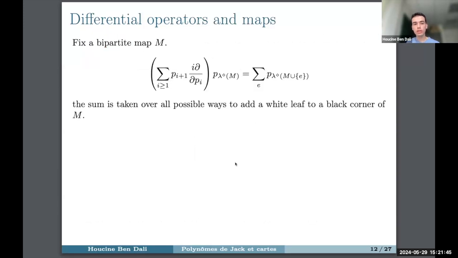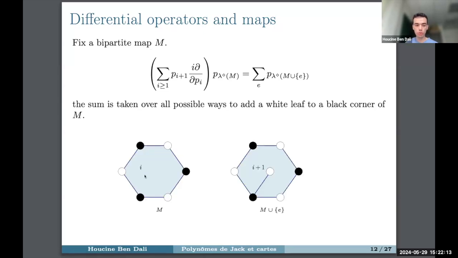And actually, there is this idea of using differential operators to act on maps. So we can translate some operations on maps using differential operators which act on the weights of the maps. So for example, here, if we fix a bipartite map M and we act on the face weight of this map by this operator, what we will obtain is the sum of all maps obtained by adding a white leaf on a black corner.